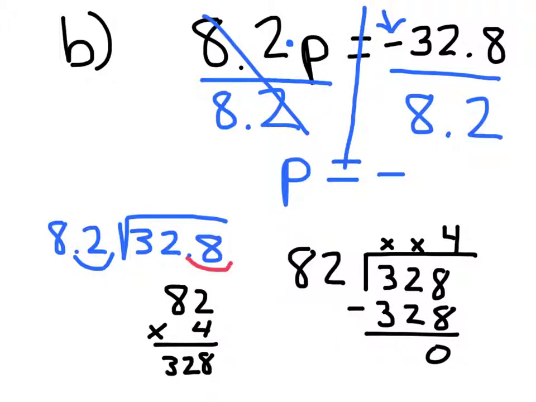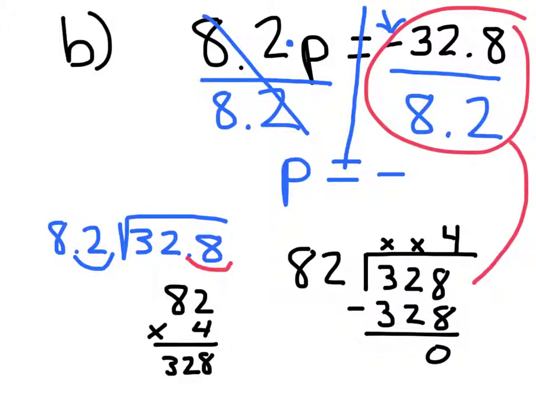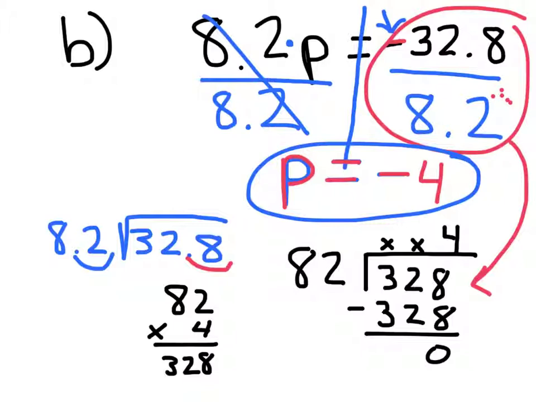So when I divided this up here, I divided that right down here after I moved the decimal. So my final answer is going to be p equals negative, because a negative divided by a positive is a negative, and right there 4. So once again, my final answer is going to be p equals negative 4.